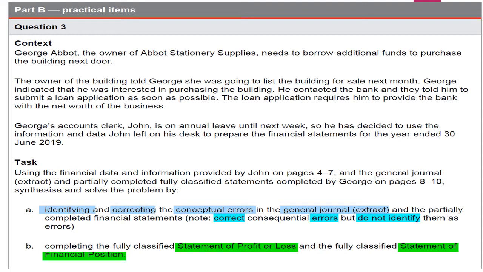If you're confident in doing balance day adjustments and your statement of profit and loss and statement of financial position, just do it as you normally do it. Don't waste too much time looking for the mistakes. So I'm going to concentrate on B, the statement of profit and loss and statement of financial position, and not concentrate too much on the errors.